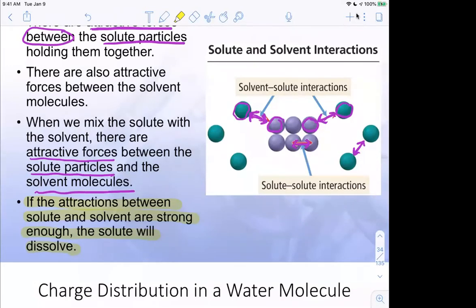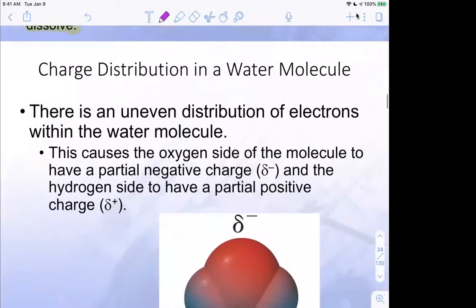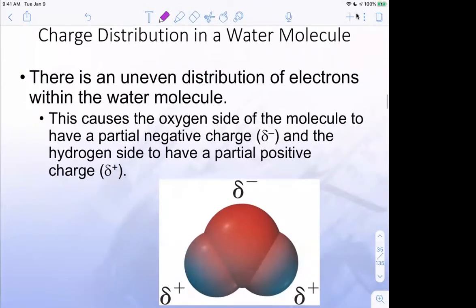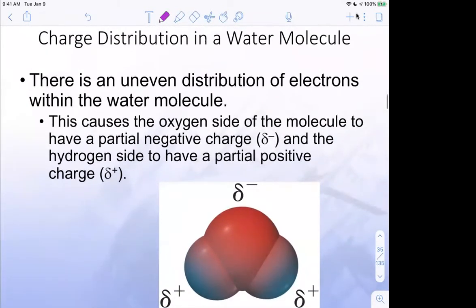So let's look at this some more carefully. Let's focus on water because we're largely looking at aqueous solutions in this module. There is an uneven distribution of electrons in the water molecule. This is a polar molecule.